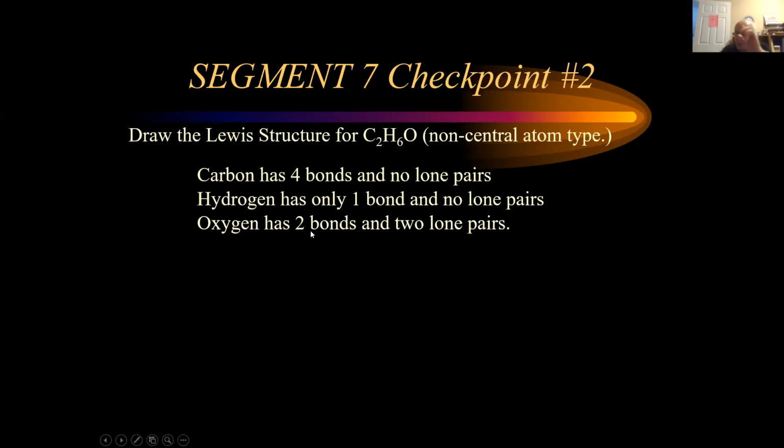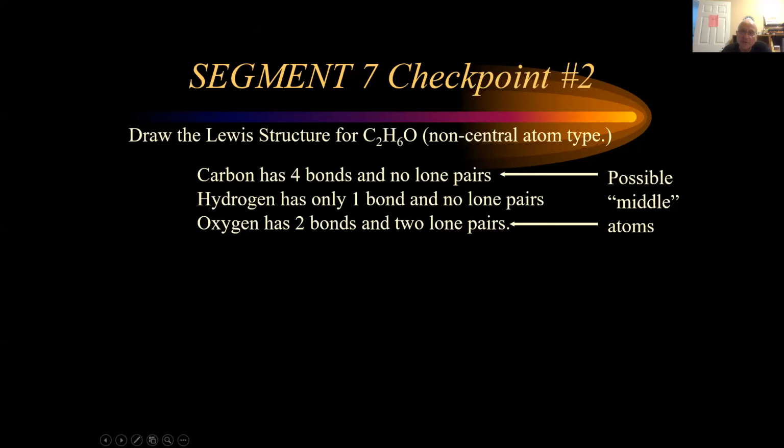It could be two single bonds, and if it did, that could put oxygen in line with some other atoms. Or it could have a double bond, and if it did that, it would have to be on the outside, on the periphery. So it can have two bonds and two lone pairs on oxygen, and they could be two single bonds or a double bond and two lone pairs.